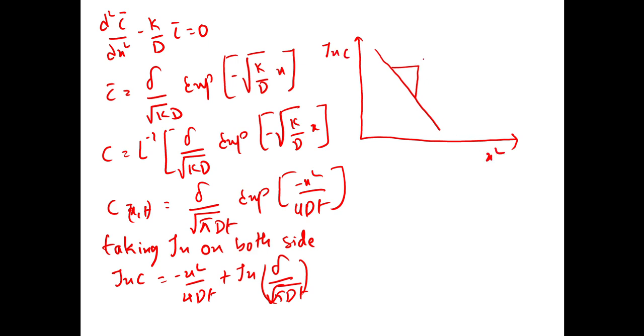The slope of this one will be minus 1 by 4 dt. So this will be the solution to the instantaneous planar source.